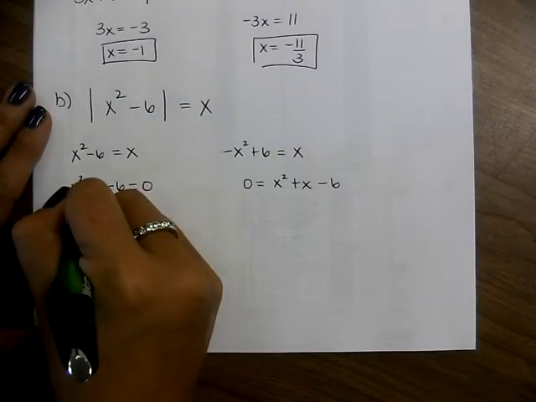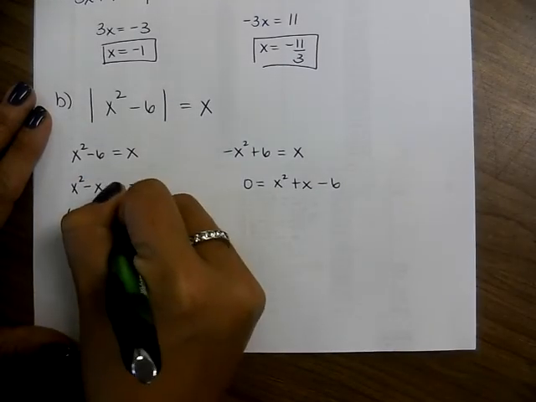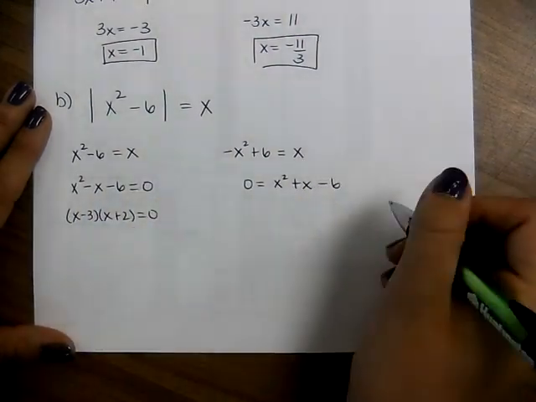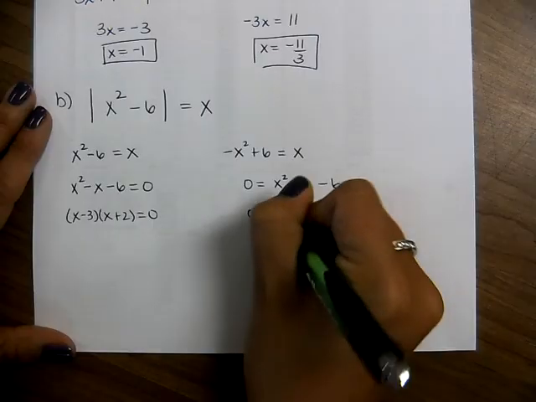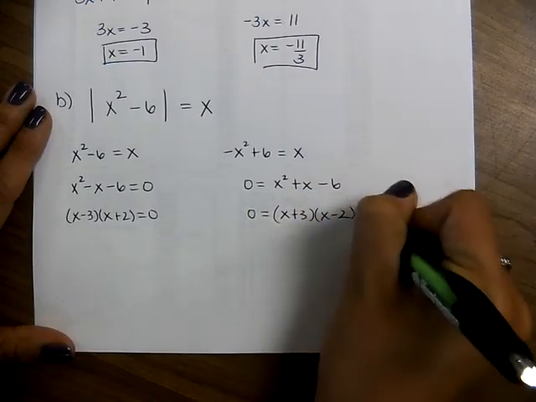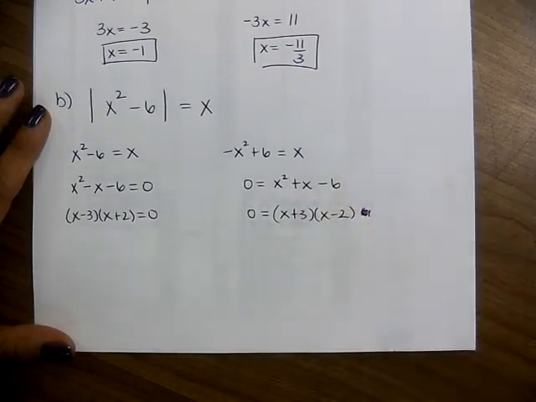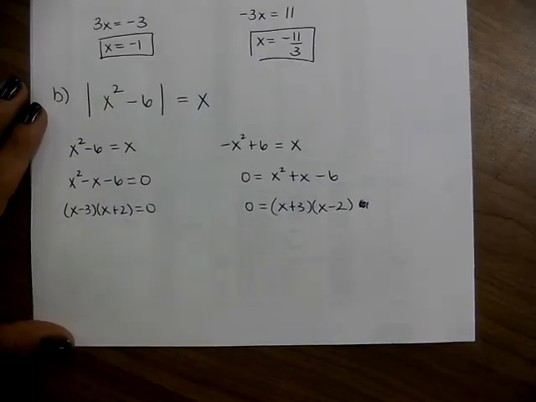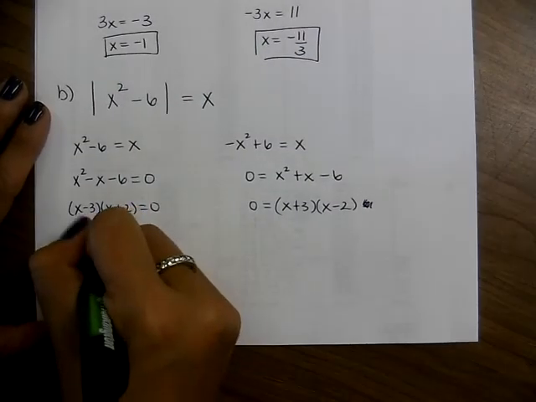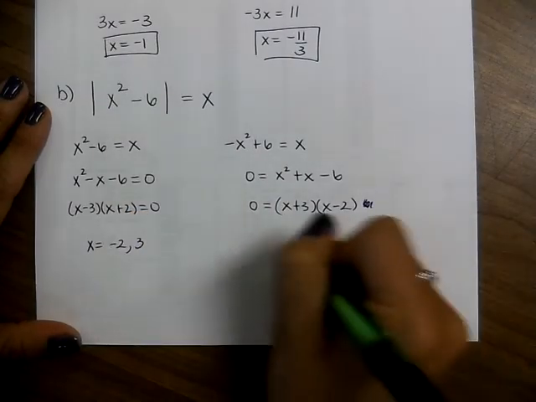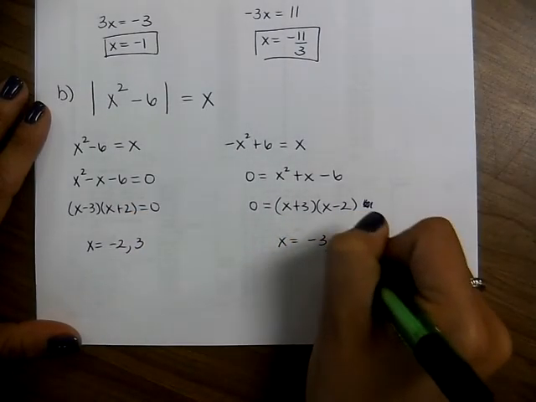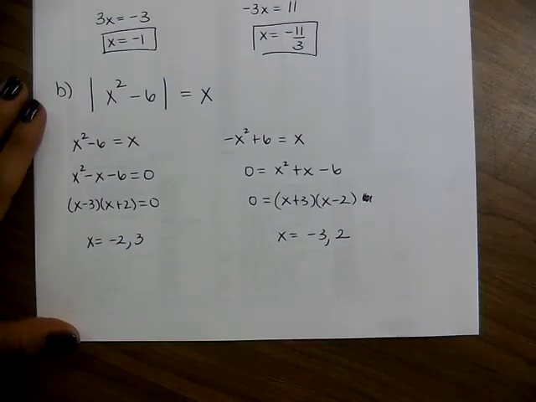When you factor, you should get x minus 3 times x plus 2 equals 0. The second equation, x plus 3 times x minus 2. Oh, I already have it equals 0. Using the zero product property, I come up with the solutions of negative 2 and 3 for the first equation and negative 3 and 2 for the second equation.